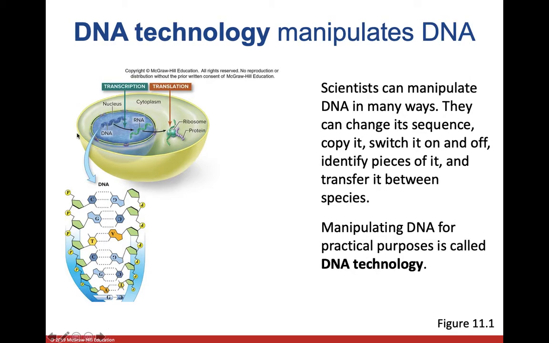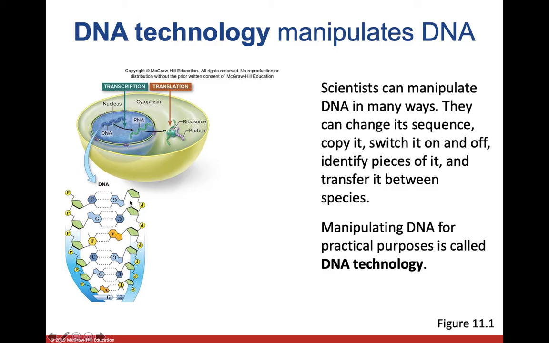So scientists can manipulate DNA. We know how it's put together. As we've talked about in previous lectures, we know what the structure is. We know how to alter the structure. We know how to read the code. We can alter the code as well. Being able to alter that code changes the outcome of the protein that's produced from this DNA sequence.